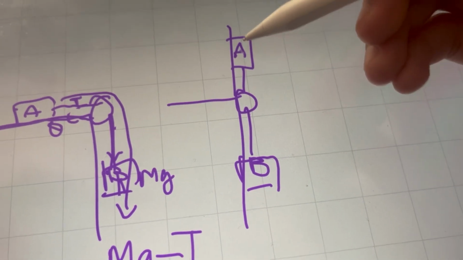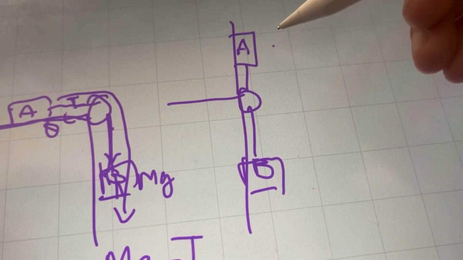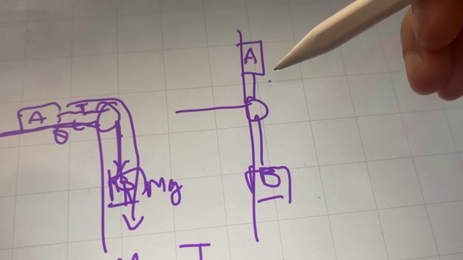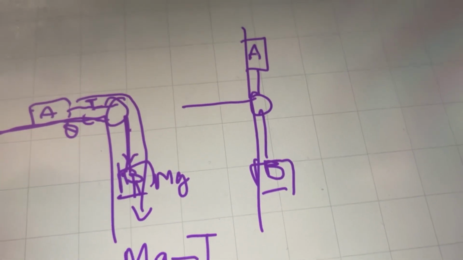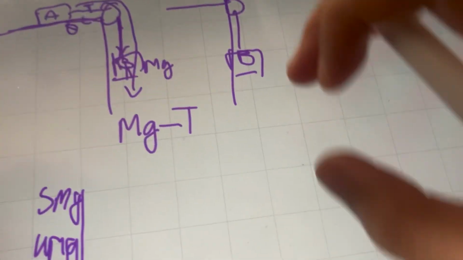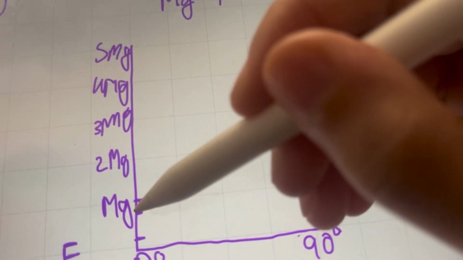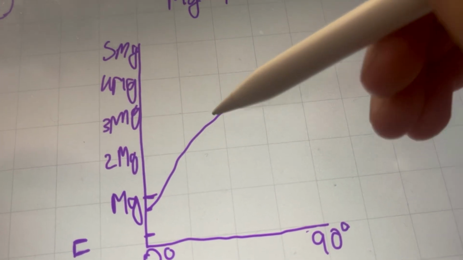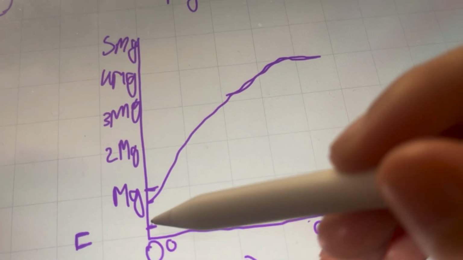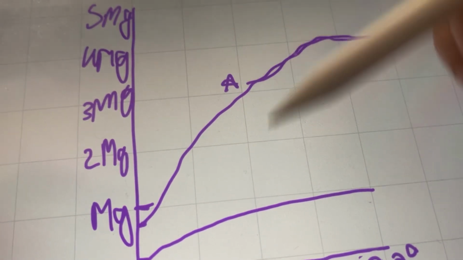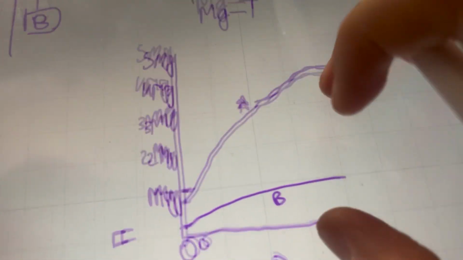Both blocks cannot go downwards any faster than their downward magnitude if there was no additional force acting on them. So block A's graph would end at whatever block A's downward force magnitude is, same with block B. So this is A, this is B.